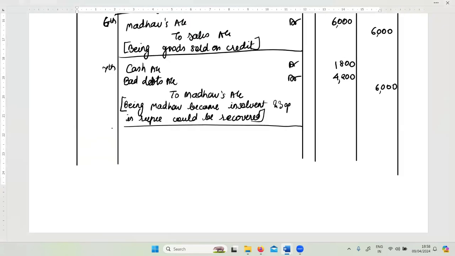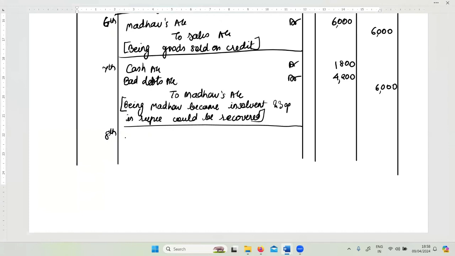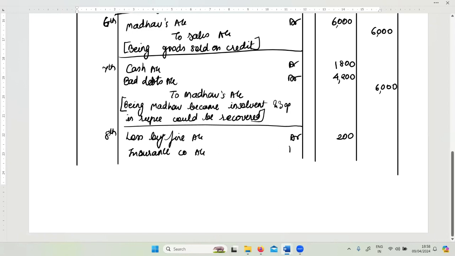So let's take on 8th the transaction. The transaction will be basically loss by fire account. How much is lost completely? 200 rupees, right? Insurance company is going to pay us, receivable amount from insurance company is 300.